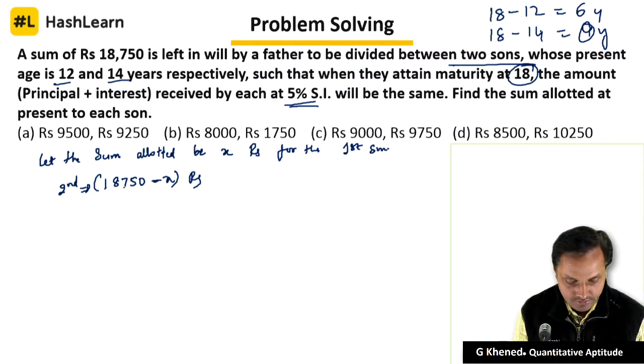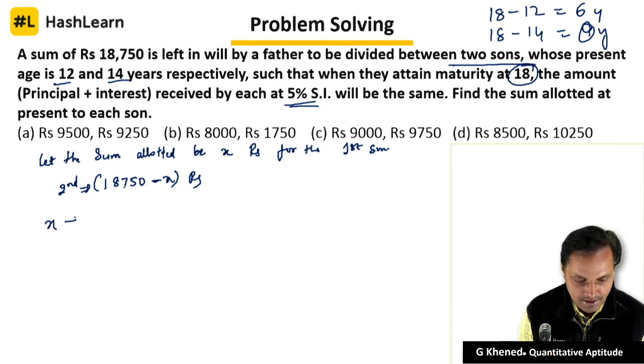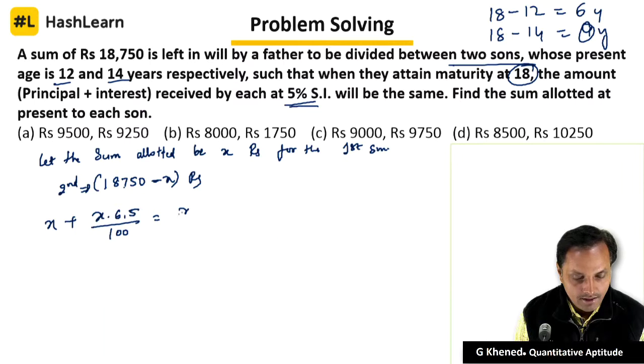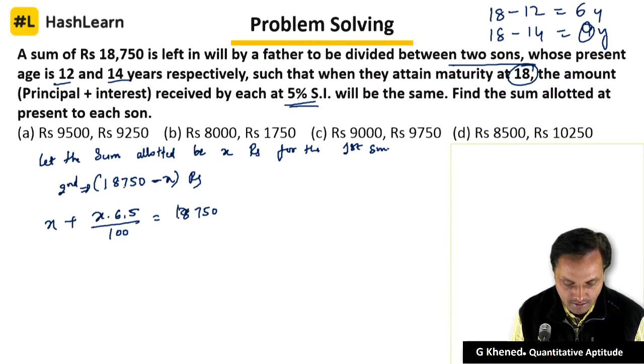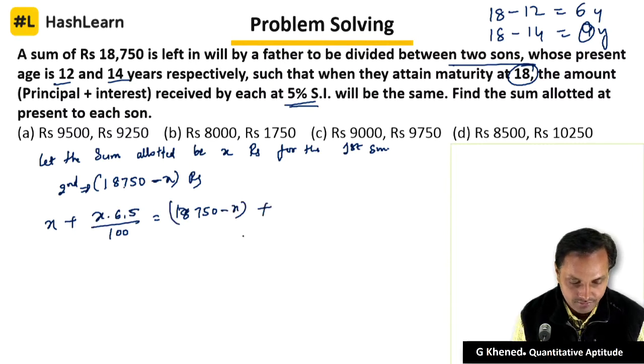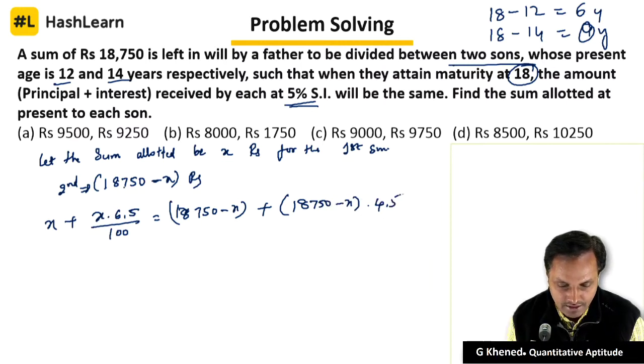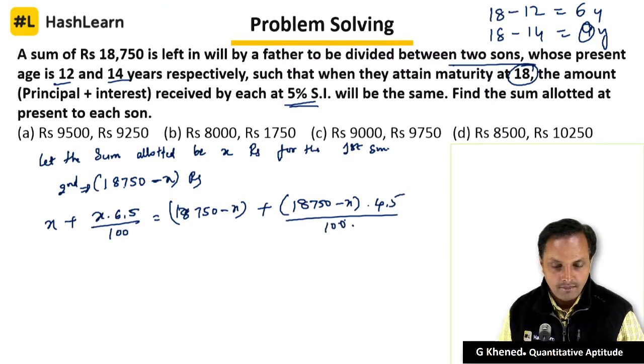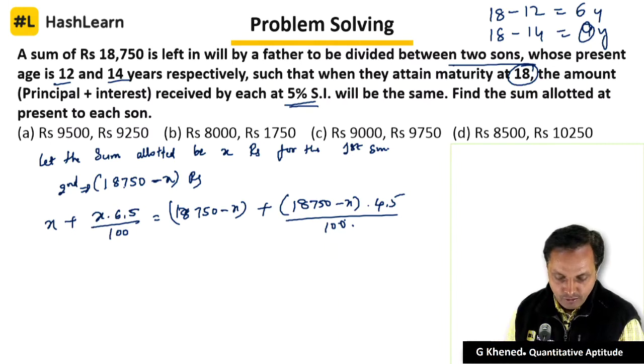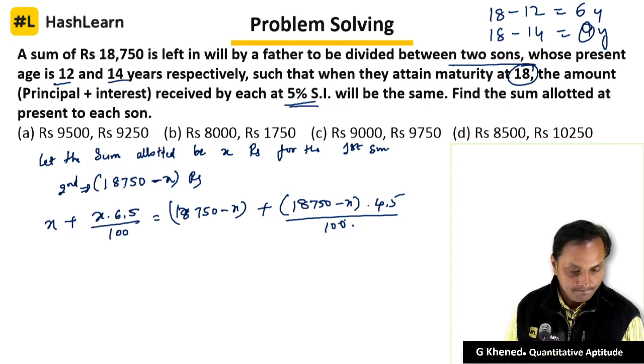The one which is X rupees plus X into 6 into 5% divided by 100, and that is the amount, equal to 18750 minus X plus 18,750 minus X into, that is for 4 years, and the rate is 5% divided by 100. With this you need to find what X will be equal to.